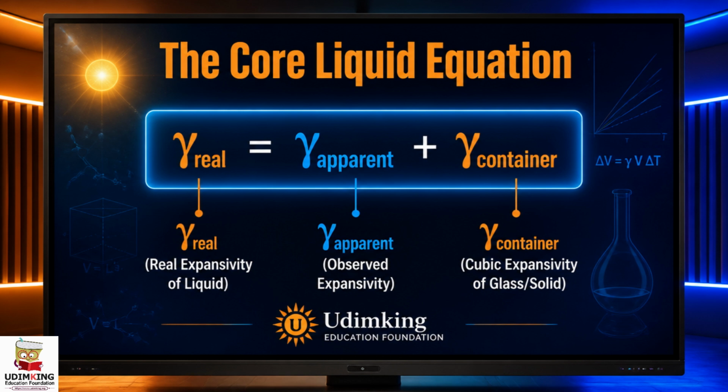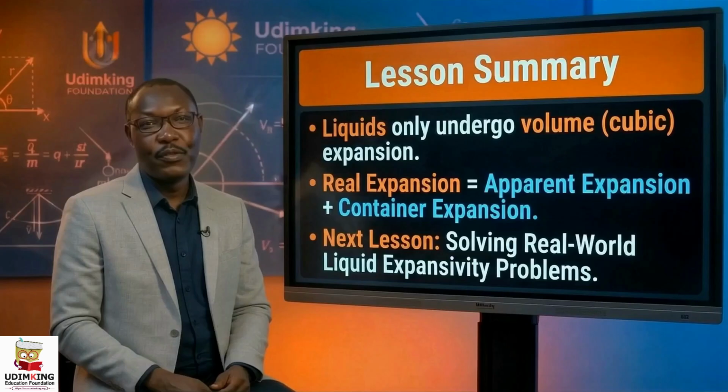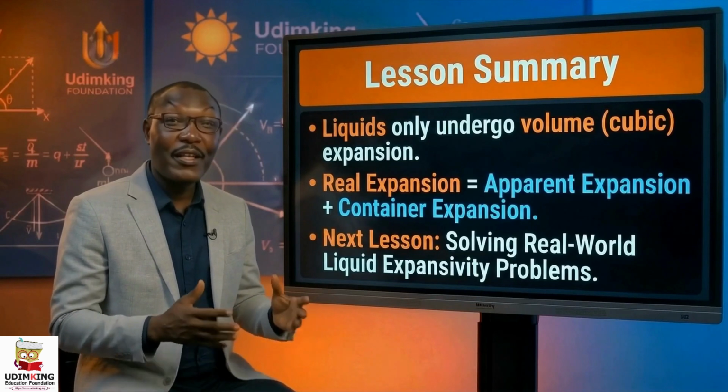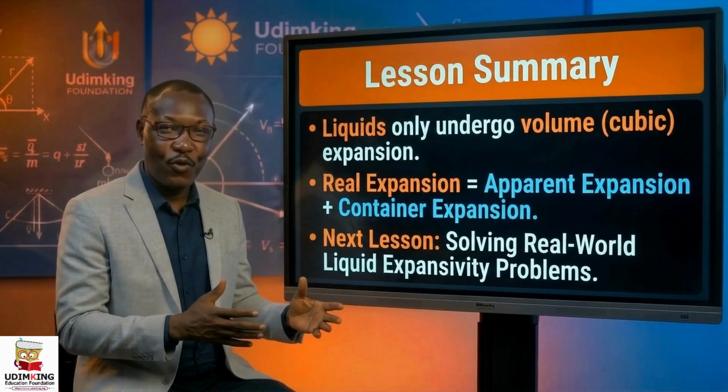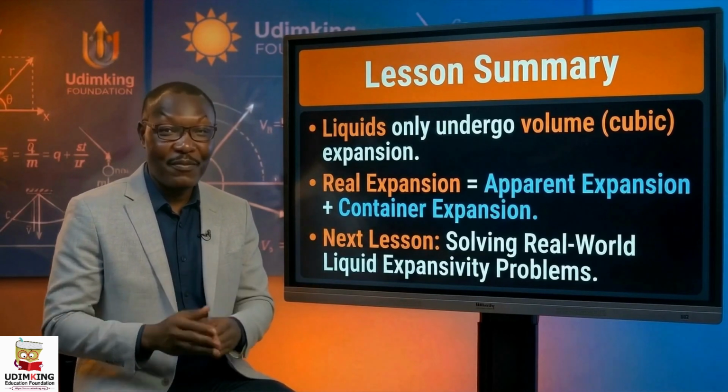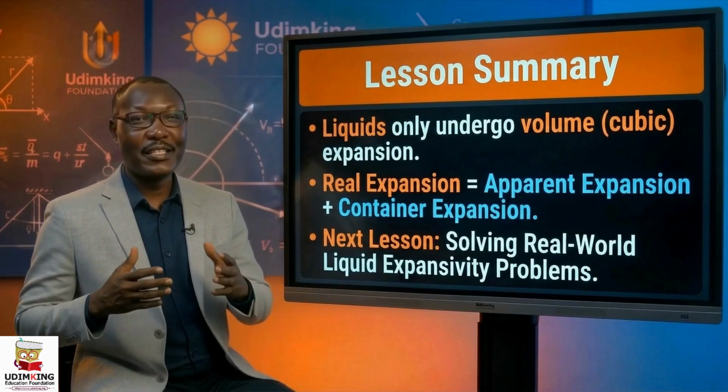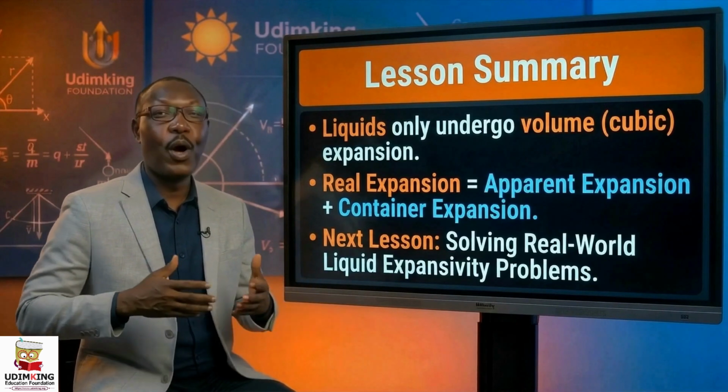It covers the apparent rise you see in the tube plus the extra hidden space created by the expanding solid container. In simple symbols, we write this as gamma real equals gamma apparent plus gamma container. It is a perfect, beautiful harmony between the liquid and the solid. So remember, liquids only expand in volume, and to find their true expansion, we must always add the expansion of the container to our measurements.